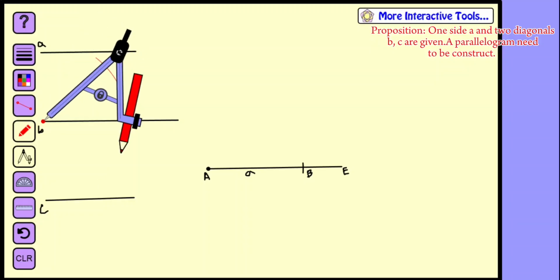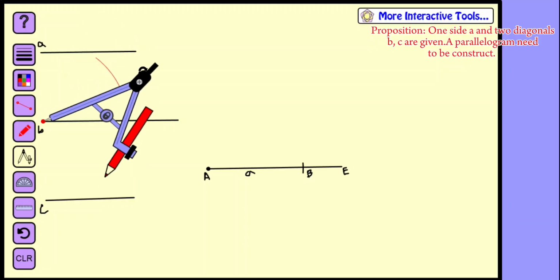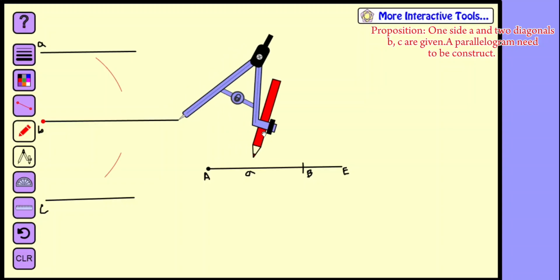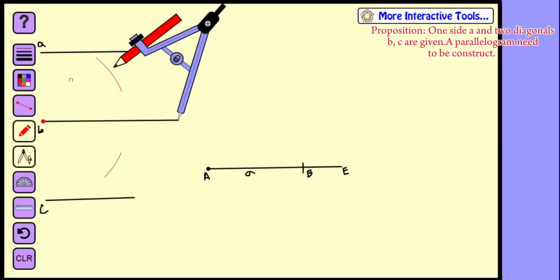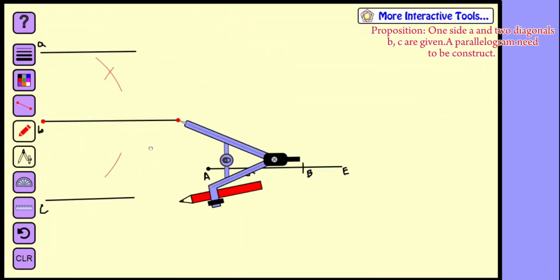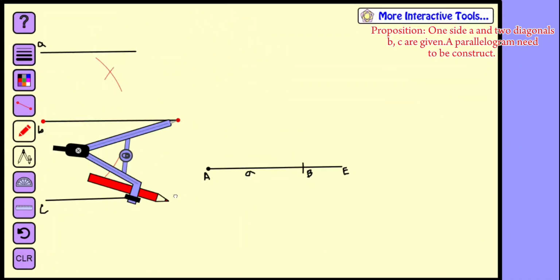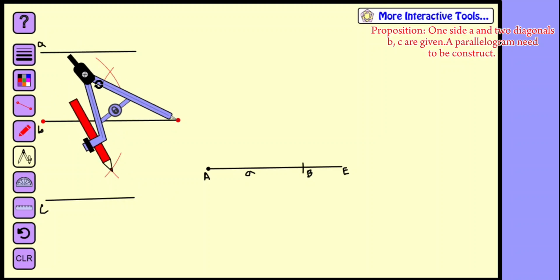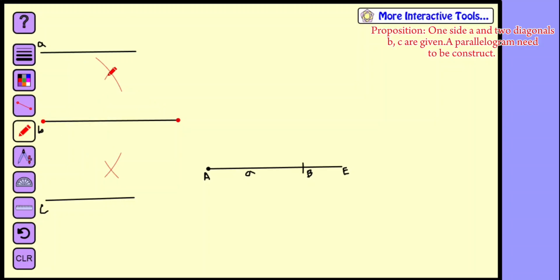Now put your pencil compass on the other end of B and, with the same measurement, don't change the measurement, cut two crossing arcs on the opposite side of B. So you can see we already got two crossings on both sides of B. Now if I join them, I will get my midpoint. So this is the midpoint of B.